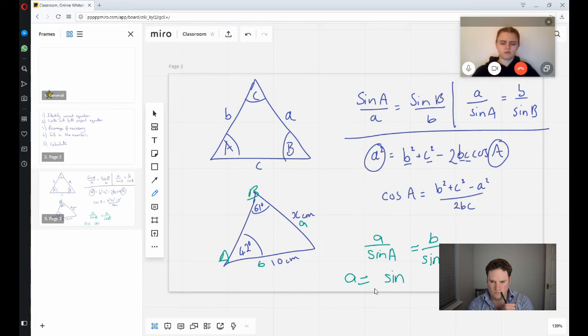Of B over sine B. So we're timesing both sides by sine A. There's a couple of ways you could write that, but you could just write sine A times, and then write everything that was there before.